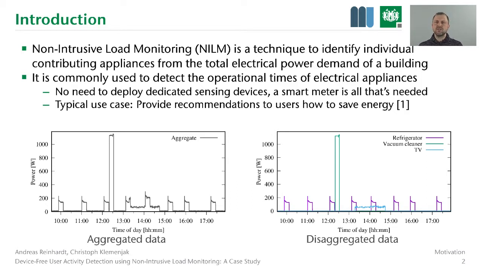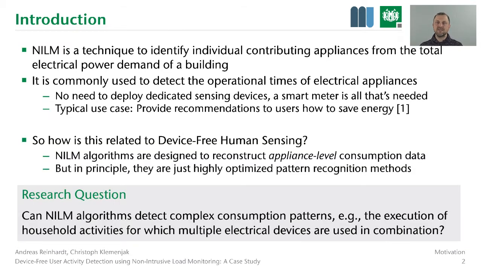Use cases for NILM are first and foremost recommendations on how to save energy, because by making it possible to attribute to individual appliances how much energy they consume, and thus how expensive they are to operate, this allows for optimizations once you can tell people exactly how to cut the costs. And all of that without the need to deploy any additional sensors. So it's device-free in the sense that virtually everybody has an electricity meter at home already.